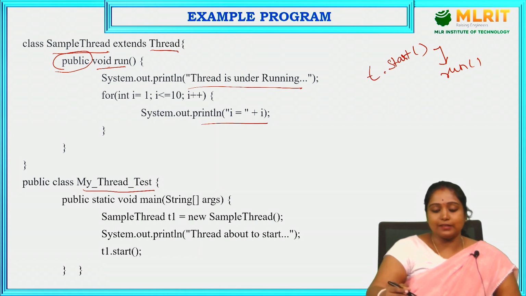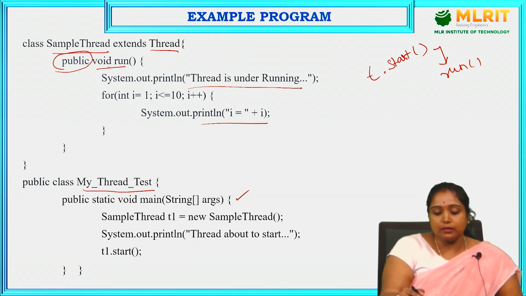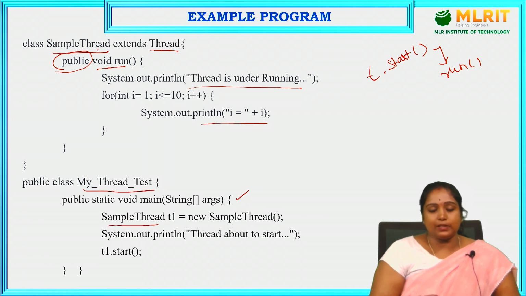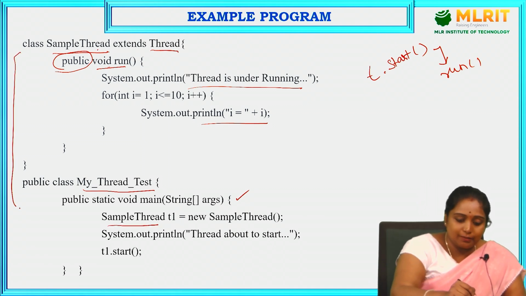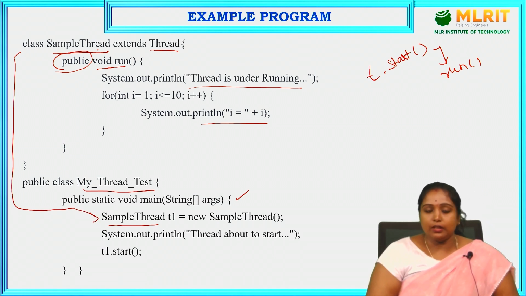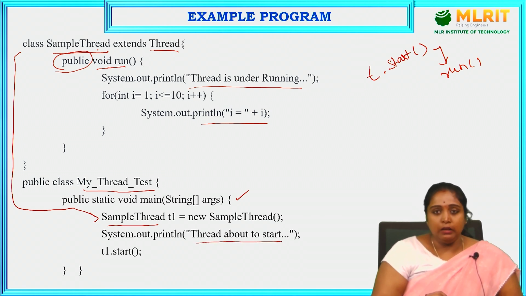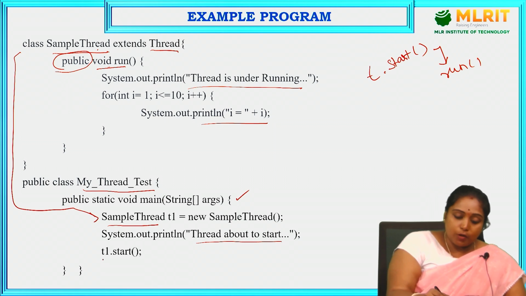Now this is my class which consists of the main method, my thread test, and here I am creating an object of the sample thread. T1 equals new sample thread. I can start n number of threads also. Here the thread is about to start, and I am calling the start method.